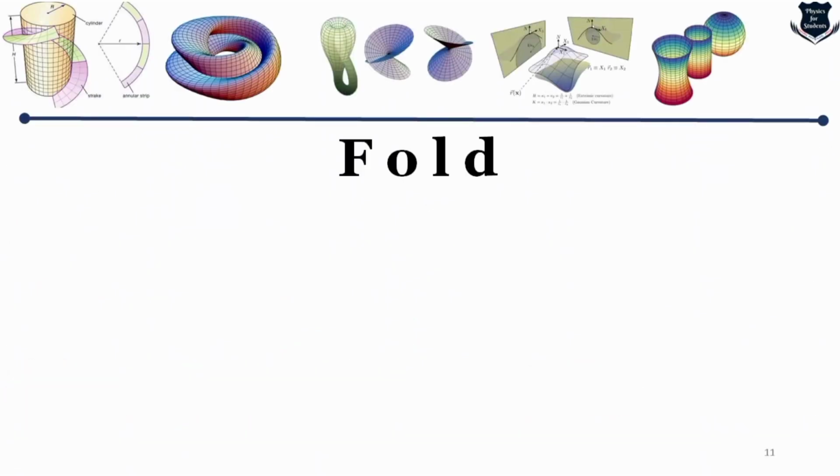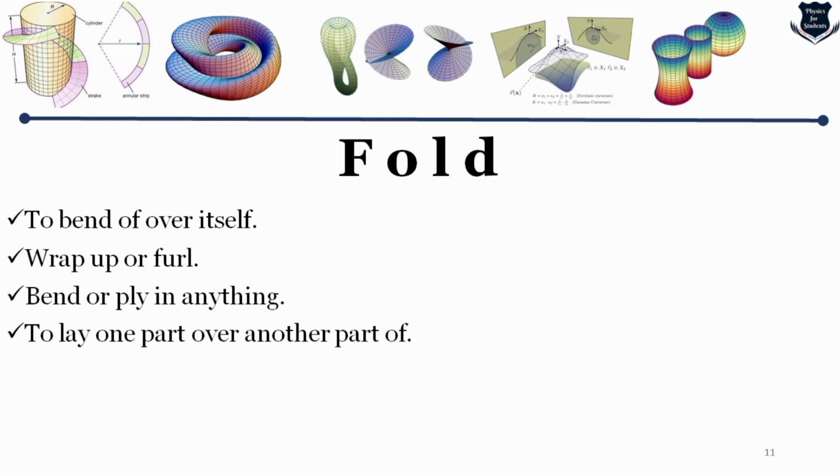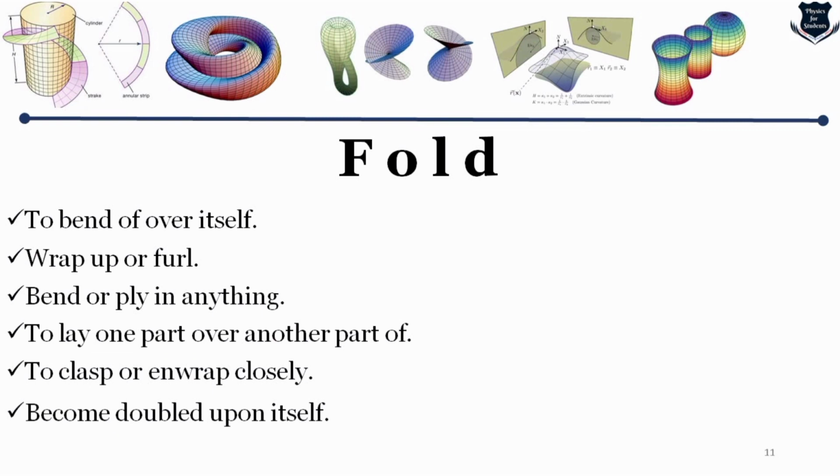Okay, so once we understand what a fold actually is, there are two words, many and fold. So what is a fold? In general, fold means, as we already know, to bend or cover or wrap up or furl. It is to bend or ply anything, to lay one over the other, and to clasp or enwrap closely, or to become doubled upon itself.